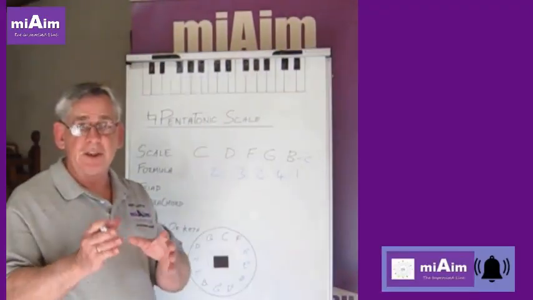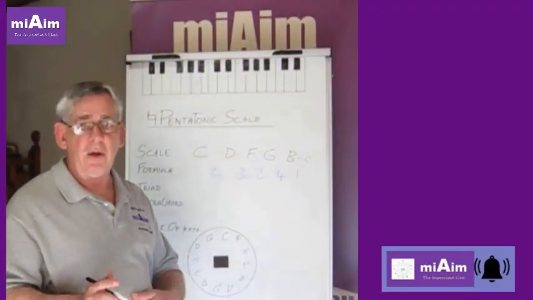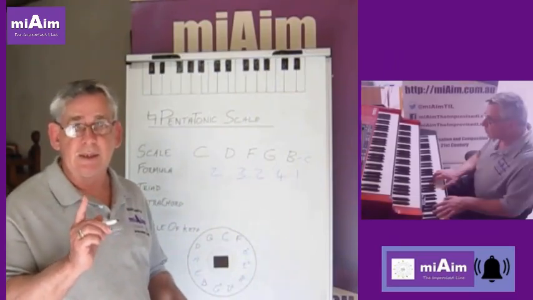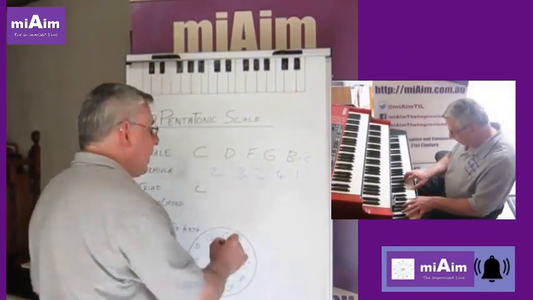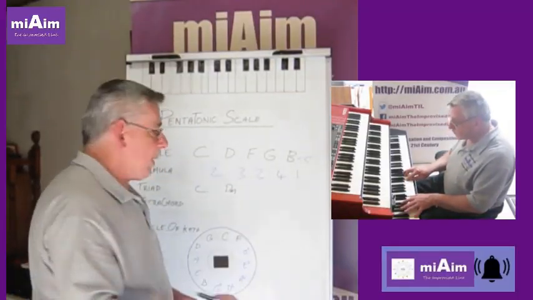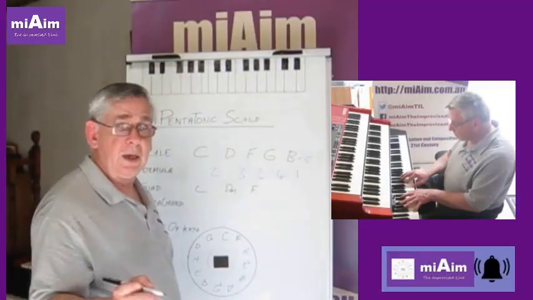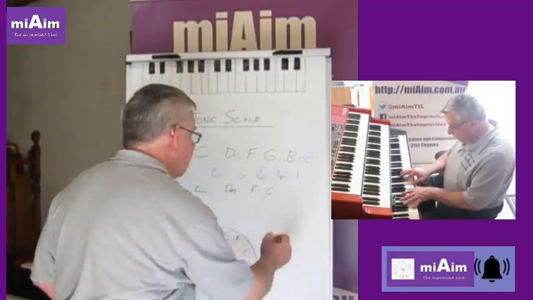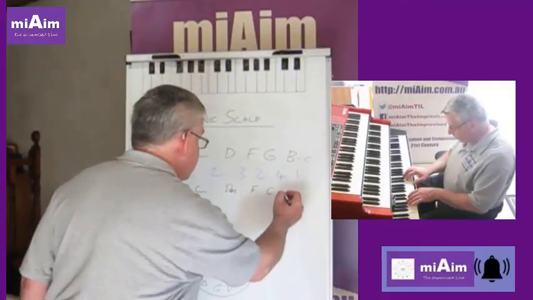Now we get the triads using just the white notes of the piano. The first triad is a C major, a D minor, F major, G major, and a B diminished.